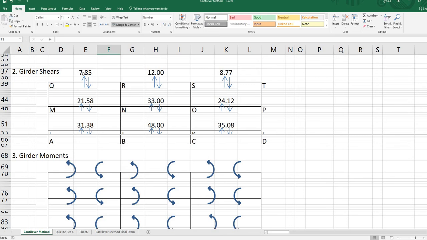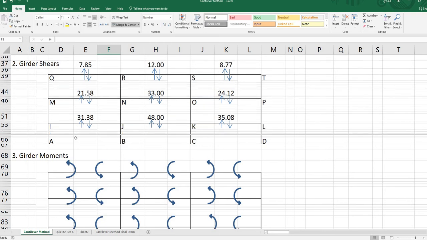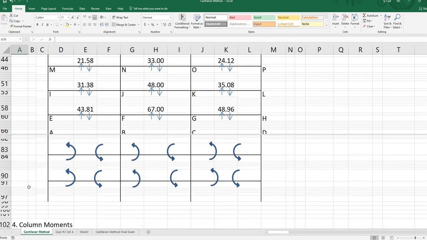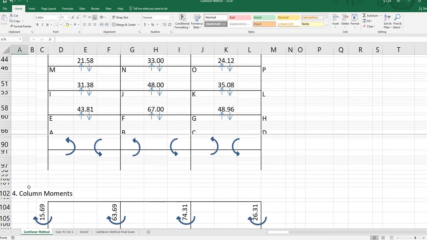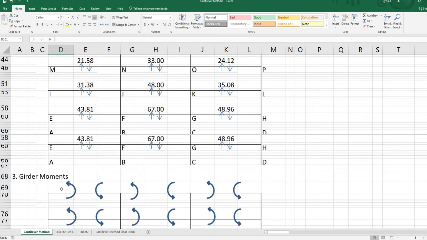So, ganon din, column moment is column shear times height all over 2. Okay? So, ganon lang kadali. So, let's try this one.